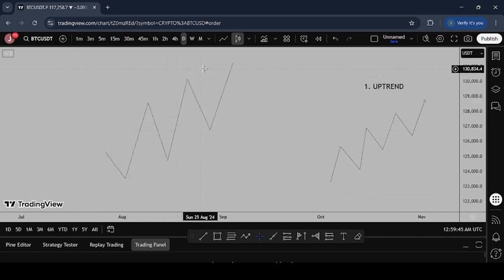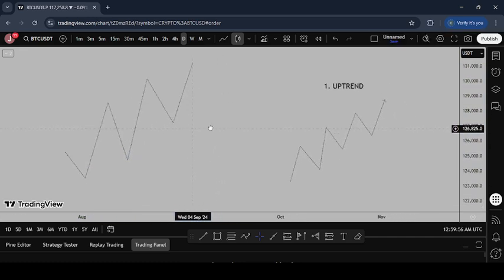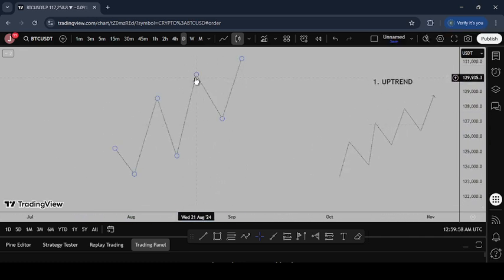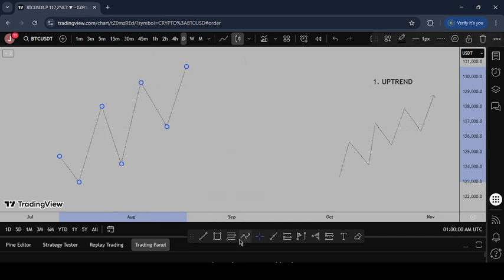Now, there's a lot going on in a swing, between a swing low and a swing high. We need to understand the structure, but we know the market does not move in a straight line. It moves something like this.